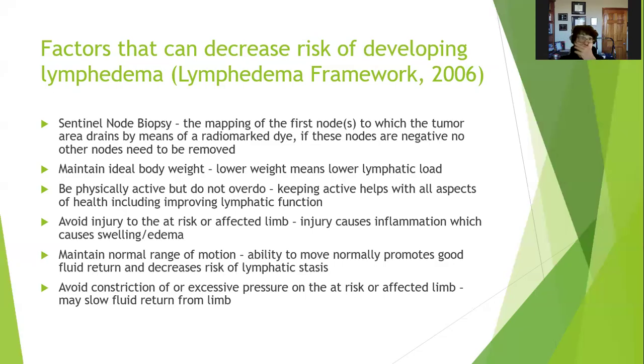return from the limb. There are lots of different things that can cause lymphedema. The most common thing in the US is cancer treatment or primary lymphedema, but it can be caused by other things. Worldwide, the most common cause is filariasis, which is a bacterial infection.